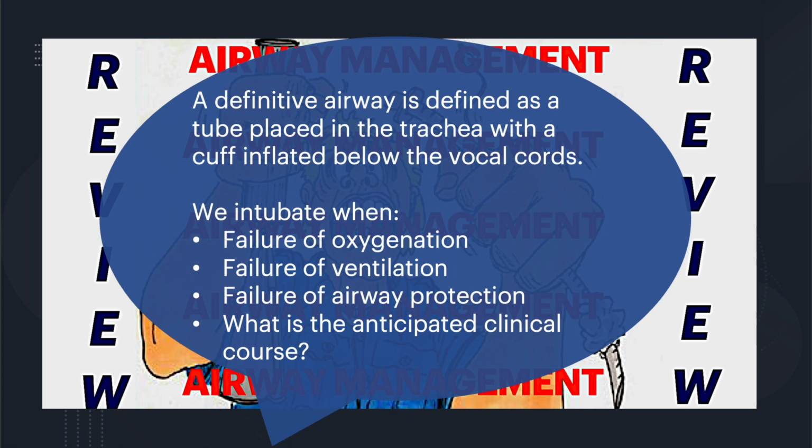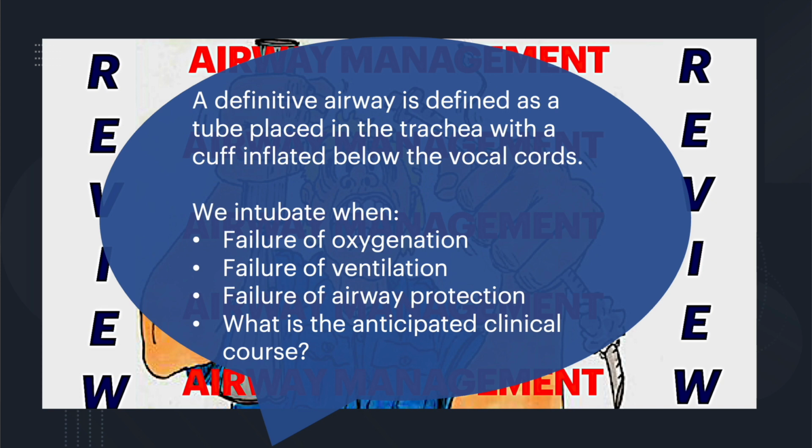If you have a patient that has a GCS of 8 or below, you should consider intubating. And then again, when you anticipate that my patient's condition will eventually deteriorate into needing a definitive airway, you should prepare to consider intubating your patient.